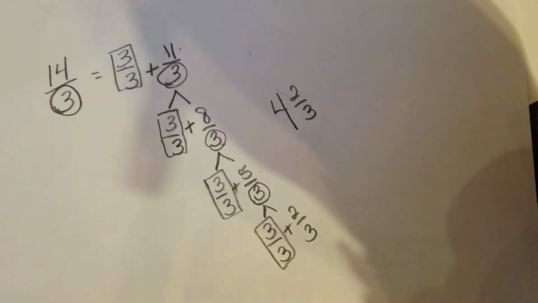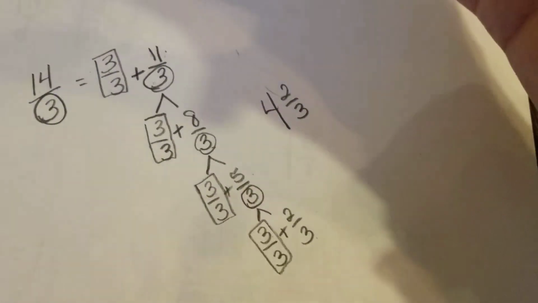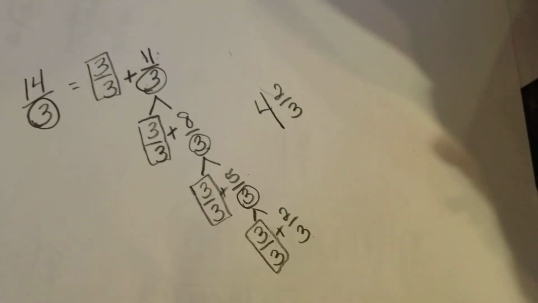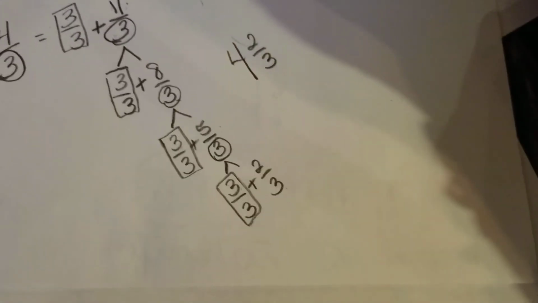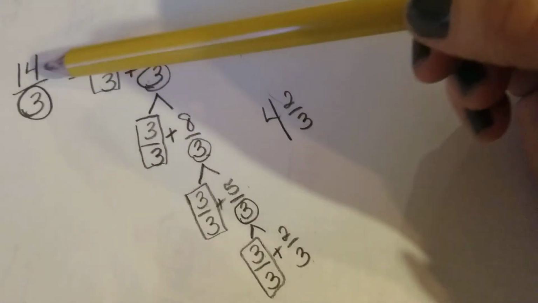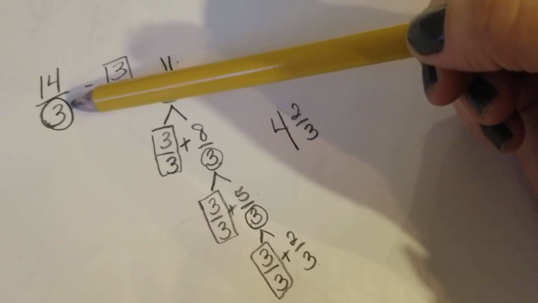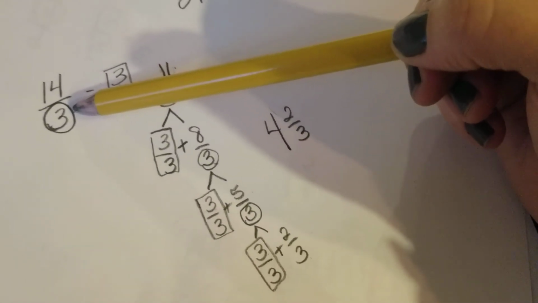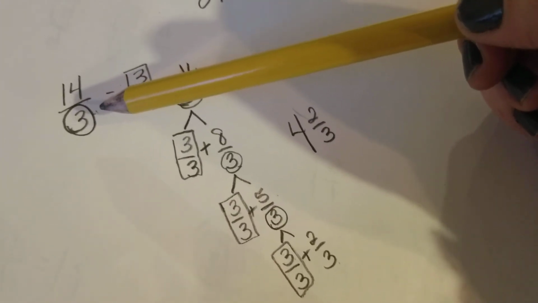So with the decomposition strategy, your primary goal is to focus on breaking down and decomposing that improper fraction using your whole. And your whole can be found using your denominator. Whatever your denominator is tells you how many pieces are in the whole. Therefore, you have to have all of those pieces to make one.